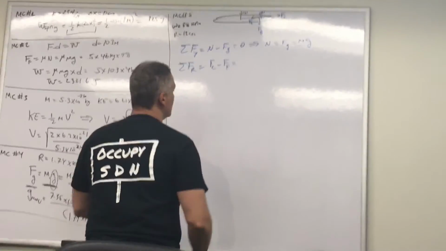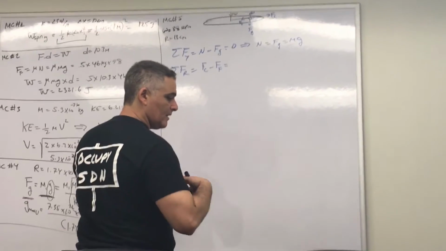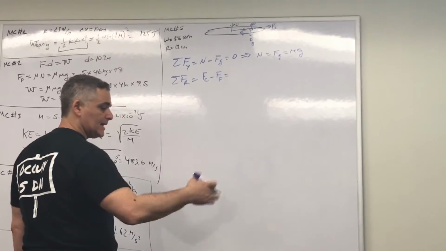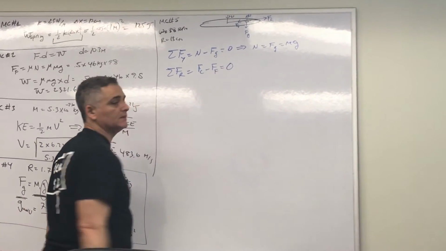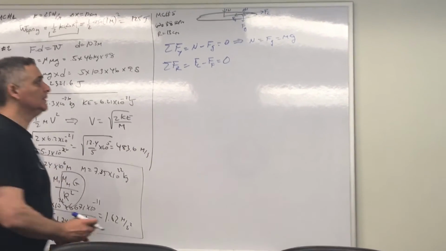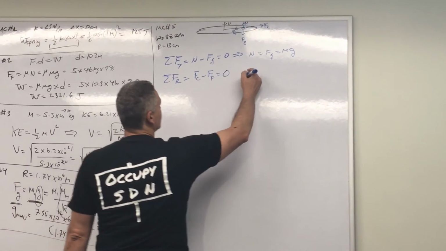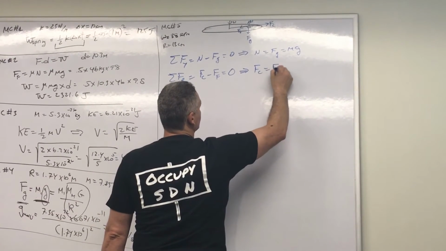If you get to the point where it's just about the maximum speed before it starts to move, just at the point where it's about to start sliding, then this is going to be 0. So that means that the centrifugal force is equal to the force of friction.